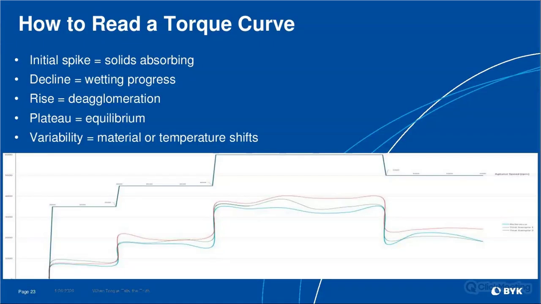So when you think about what's happening inside with regard to the torque and the impeller blade, if it's going along at a certain clip, and all of a sudden it comes in contact with maybe some agglomerates that haven't properly been broken down, that will increase your torque. So these are the kind of things that you can look for on the torque curve.